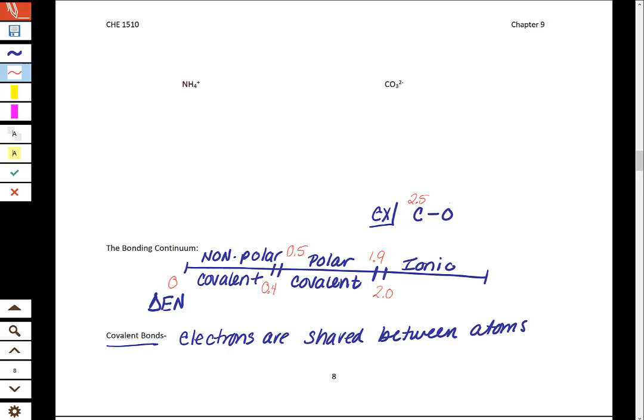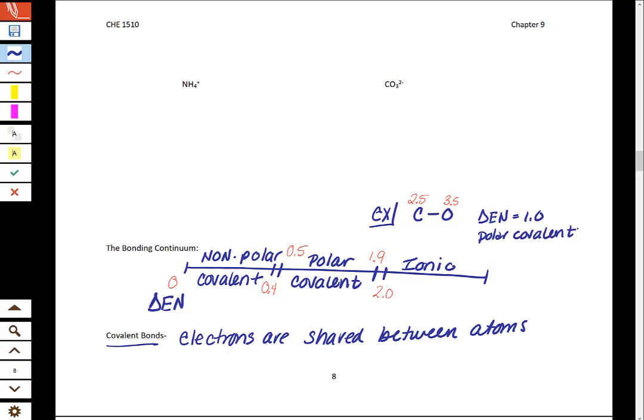The electronegativity value for oxygen is 3.5. When you subtract them, you make sure that you're always getting a positive number, so you're always subtracting the smaller quantity from the larger quantity. And so we see the difference in electronegativity as 1.0, and that's going to be classified as a polar covalent bond.